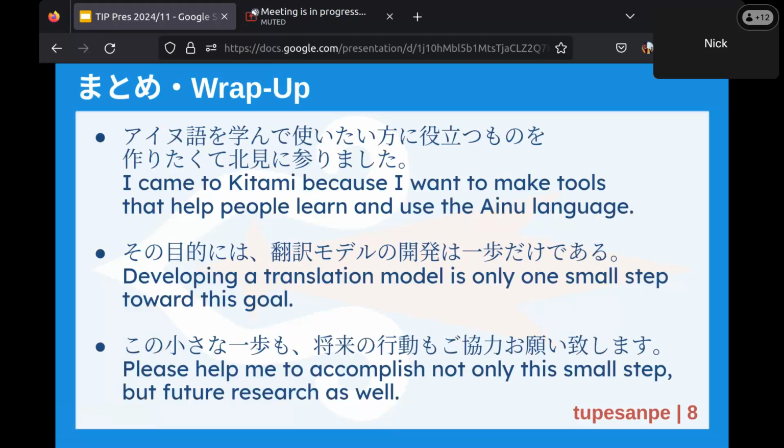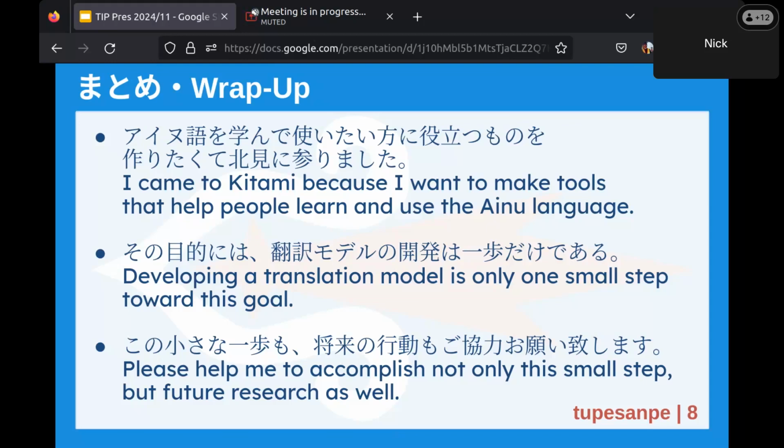Okay, so why am I so interested in learning the Ainu language? Honestly, it's kind of the same reason why I learned Japanese. I'm interested in all of the languages of the world.